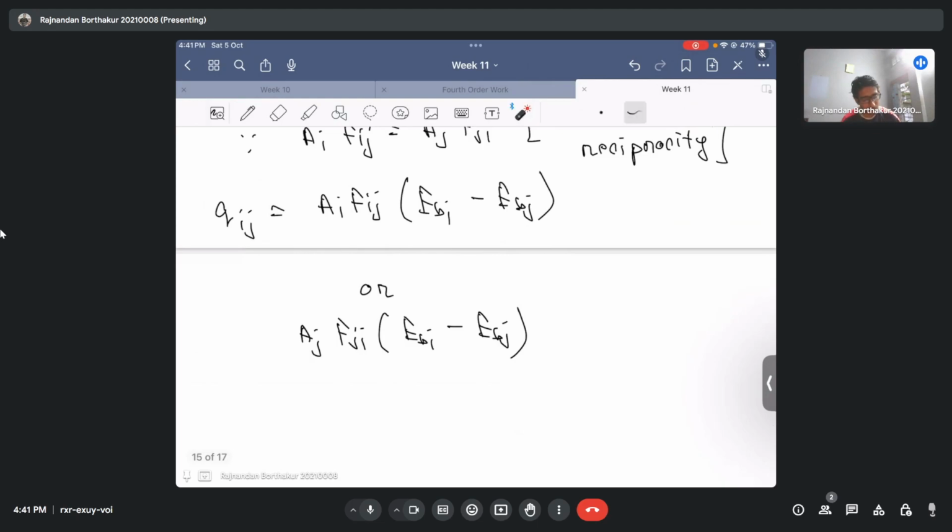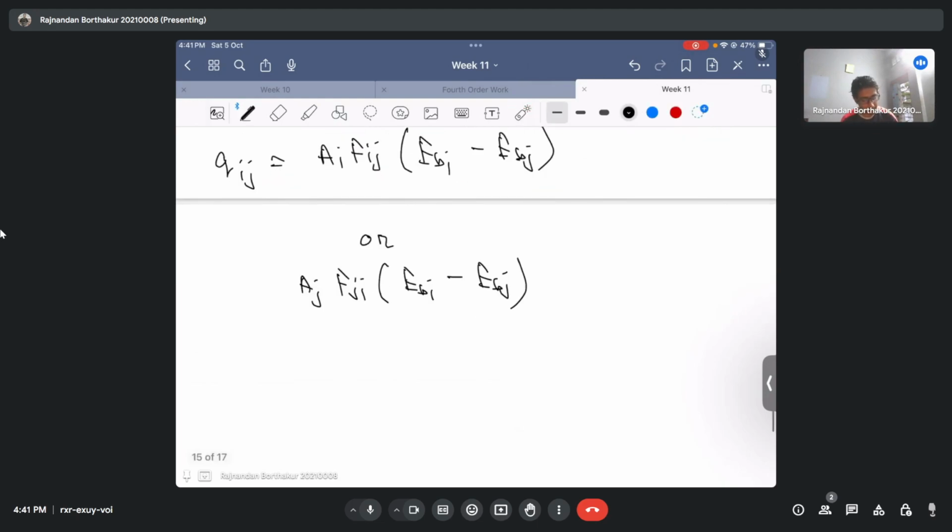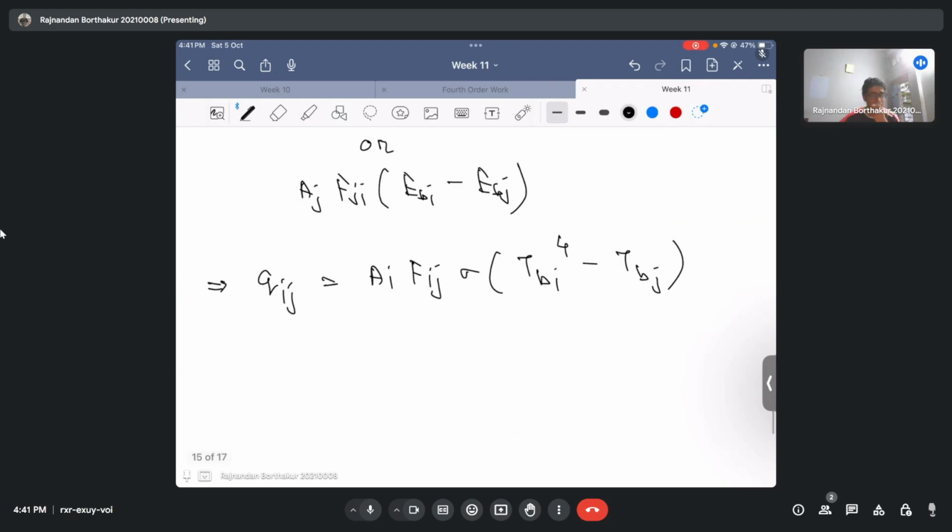If we proceed with this form only, I can write Qij, the net radiation exchange between the bodies I and J, as AI Fij times (EBI minus EBJ). If I use the Stefan-Boltzmann law, it can simply be written as sigma times (TI to the power 4 minus TJ to the power 4). This is not true for only two bodies I and J; you can draw this conclusion for any two generic bodies.